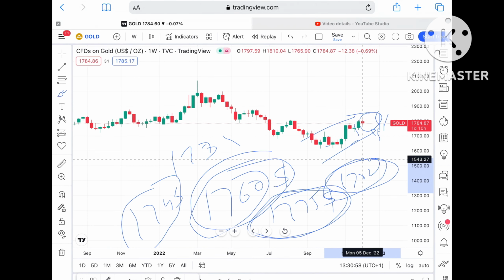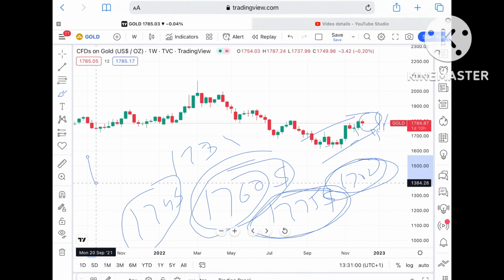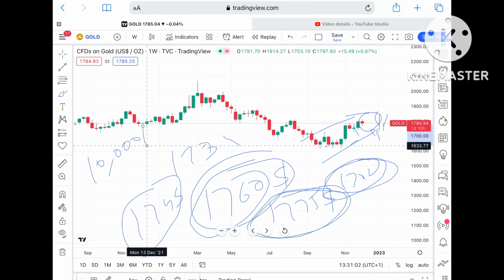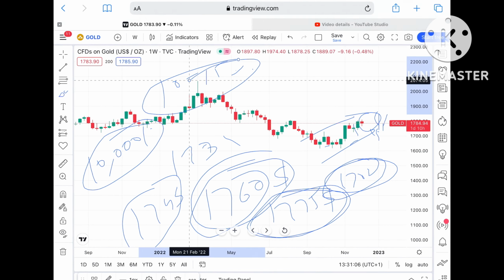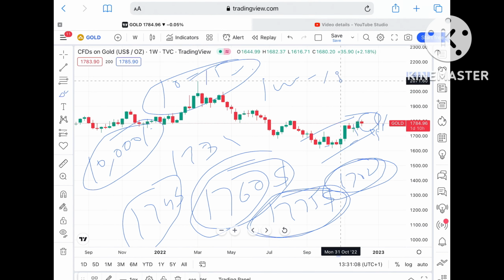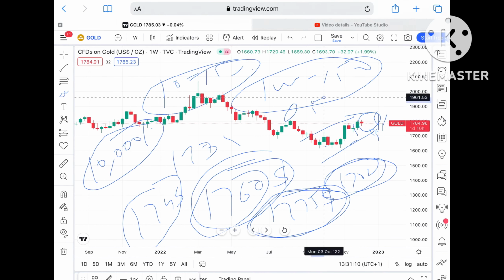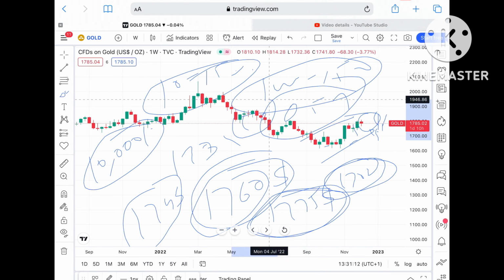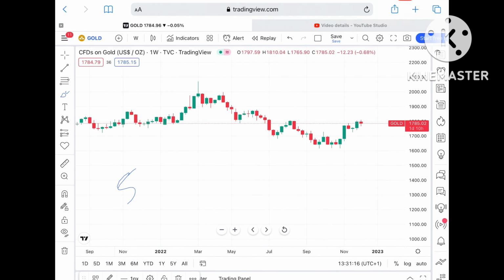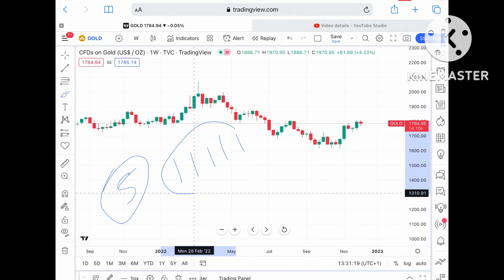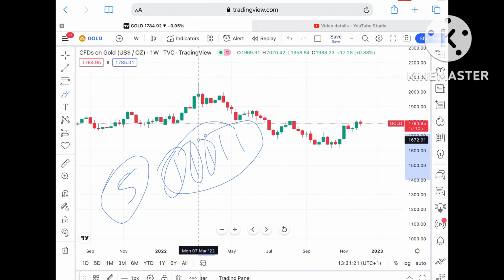Now understand something, what I teach in my workshop. Suppose you are trading with $10,000, try to trade with 10 to 15% of capital per trade. That comes to 1000 to 1500, and a risk of 0.5 to 1%, that is $50 to $100. Suppose you took 5 trades, your maximum risk will be $500, that is $100 per trade.